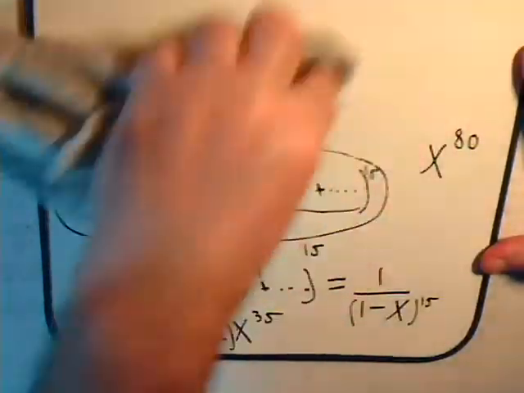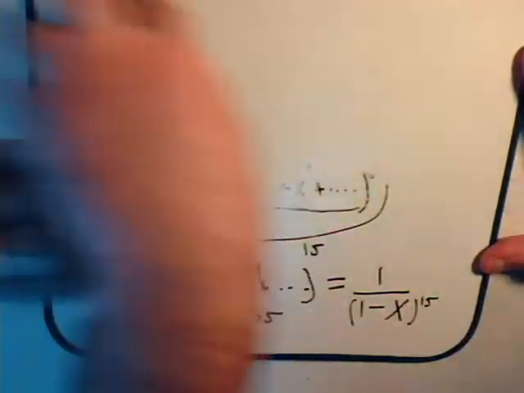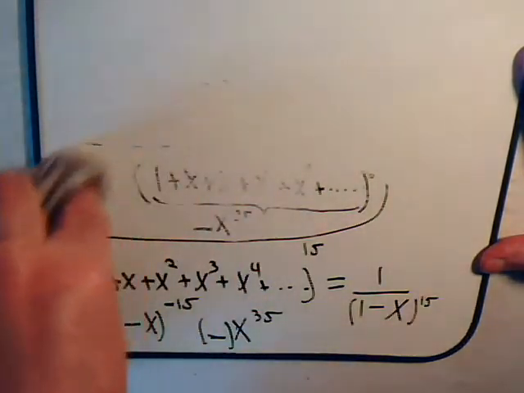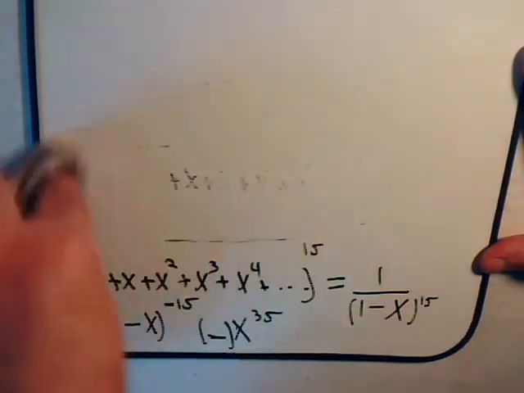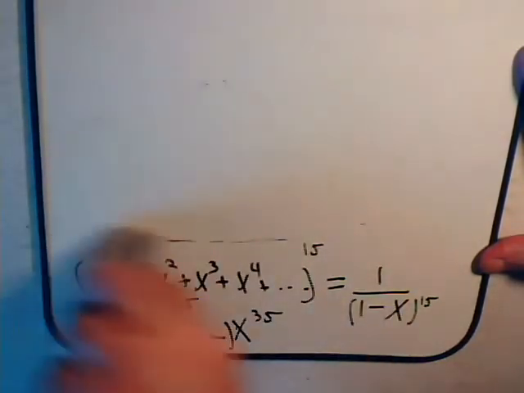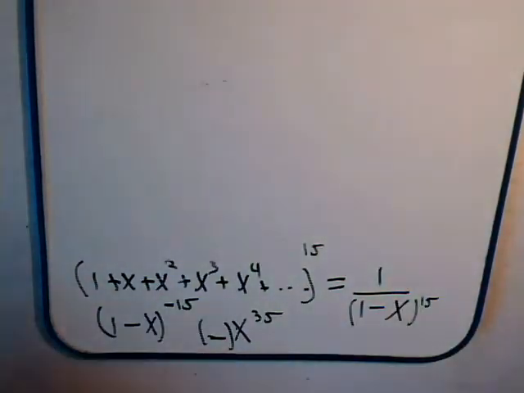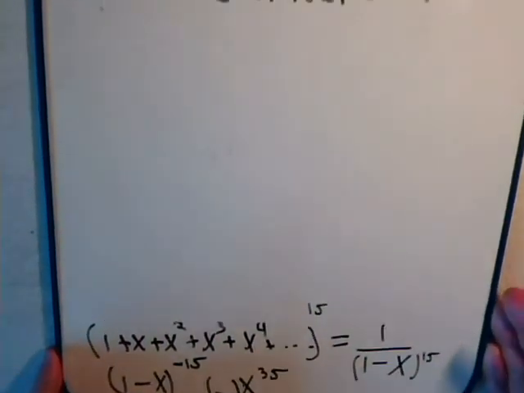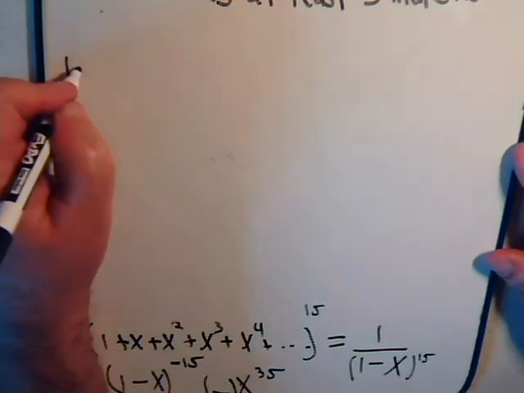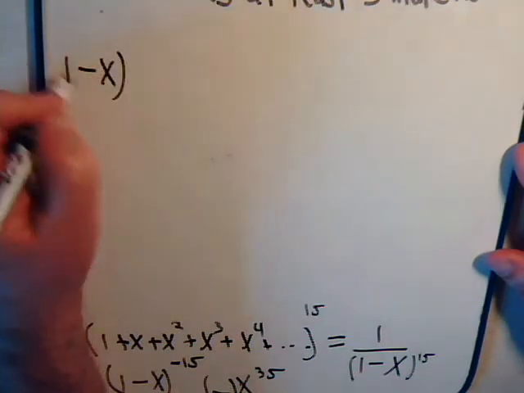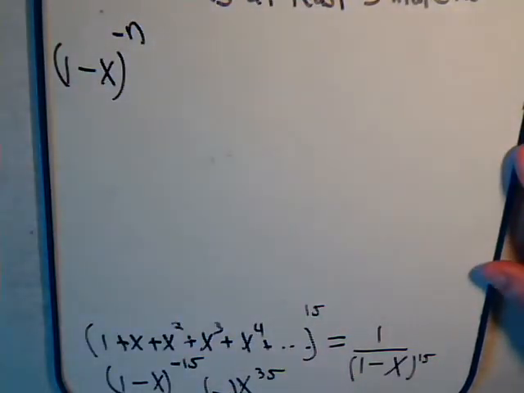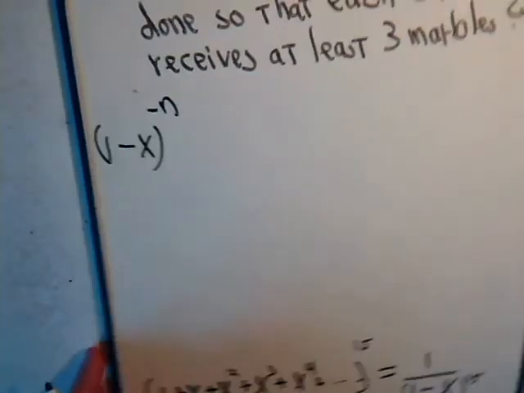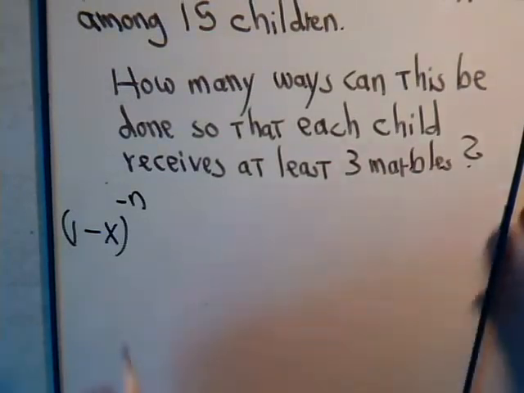But using our knowledge from the past videos on binomial expansions, when you have a negative exponent, we have 1 minus x to the minus n. From our past videos, we know what this equals.